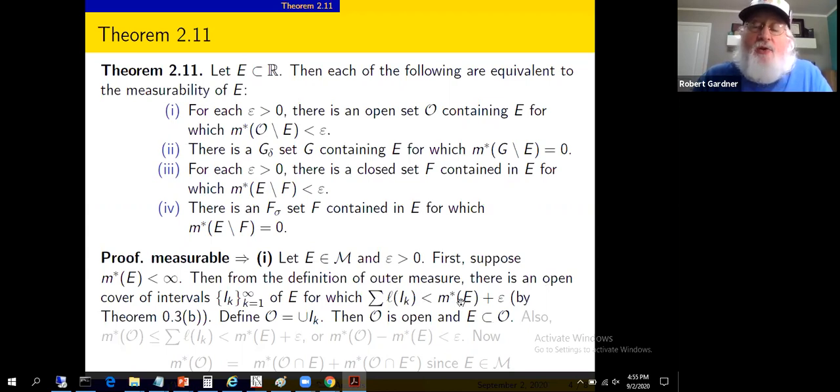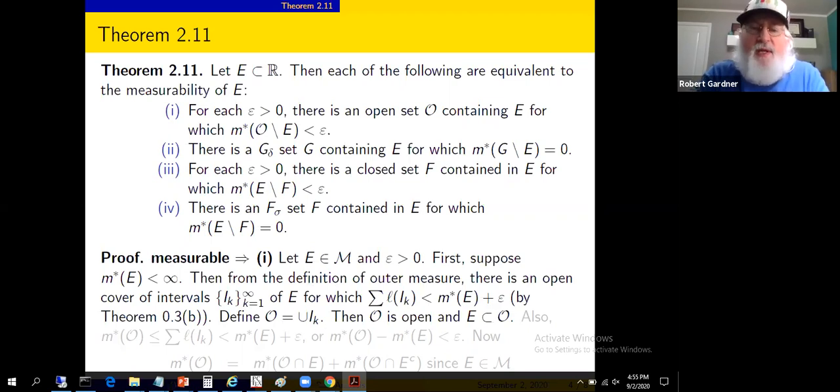And if we add a little bit to that inf, we get an element of the set using theorem 0.3 part B. The epsilon property of sups and infs is what that theorem was about. So it gives me a little wiggle room. I can find elements of the set. I can find, therefore, collections of bounded open intervals that cover set E, the sums of whose lengths is as given. All right. Define O to be the union of all of these intervals.